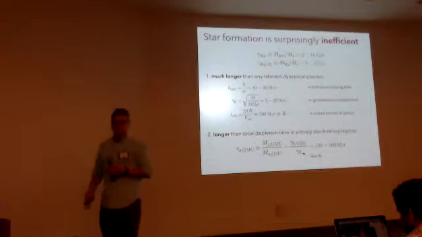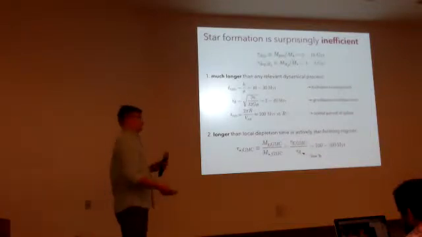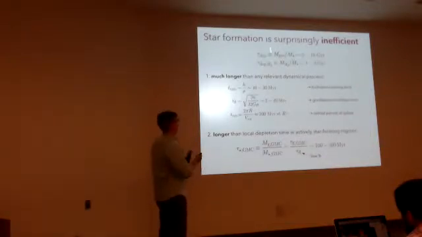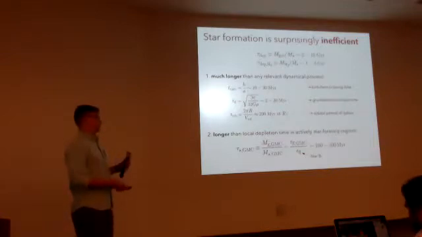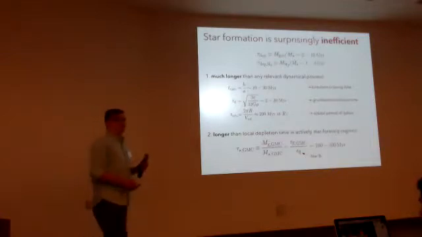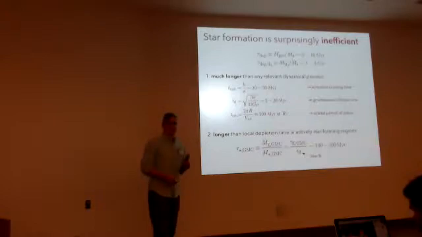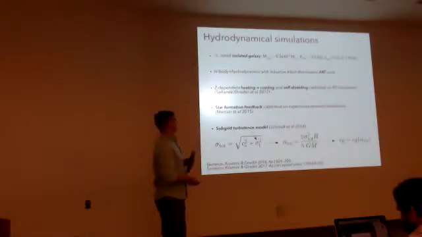And we formulate a very simple conceptual framework where we can explain both the discrepancy with dynamical time scales and with local consumption time scales. And we formulate this framework based on insights from simulations, which I briefly describe here.